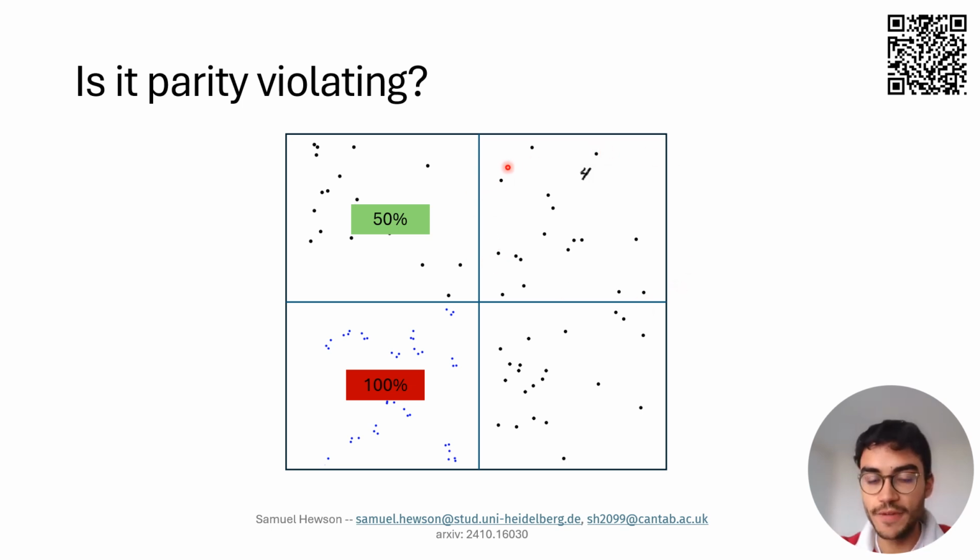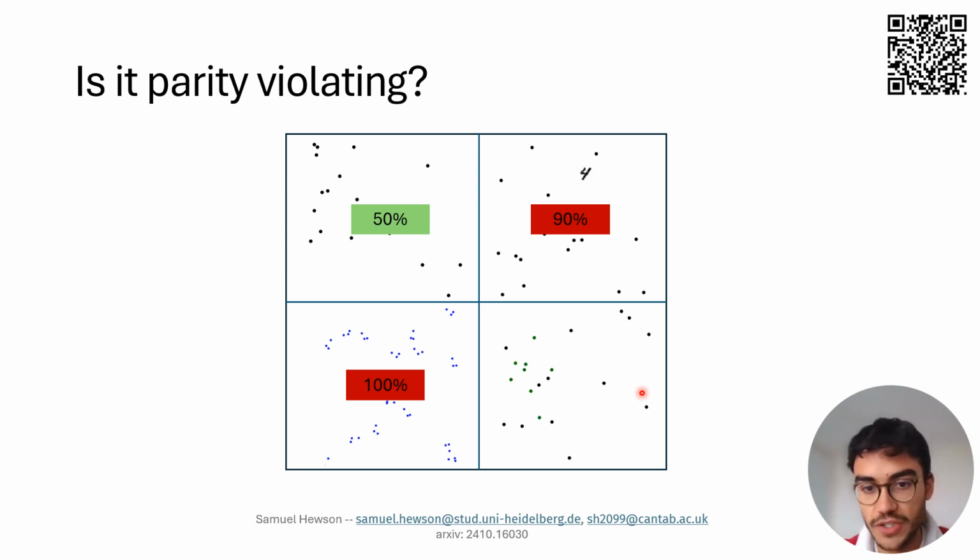Here we have random background field with MNIST image overlaid, and this also is parity violating because the MNIST dataset is parity violating. In this case, we detect at the 90% level. And this final image is maybe a bit harder to see, but if I change the colors, you can maybe see that we have this spiraling object hidden within the points.